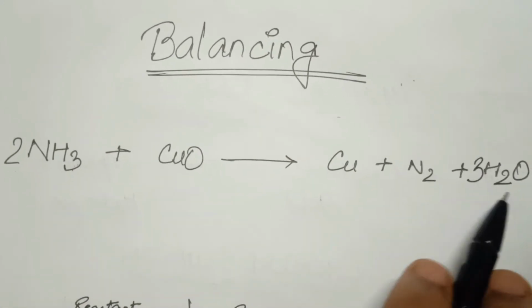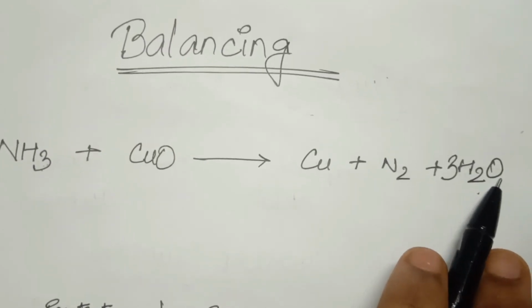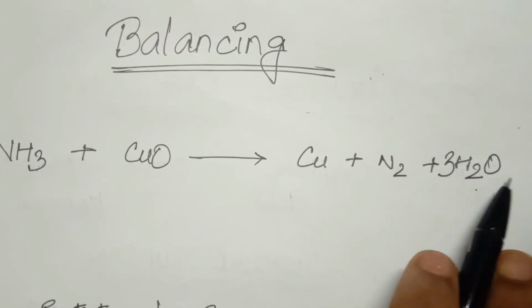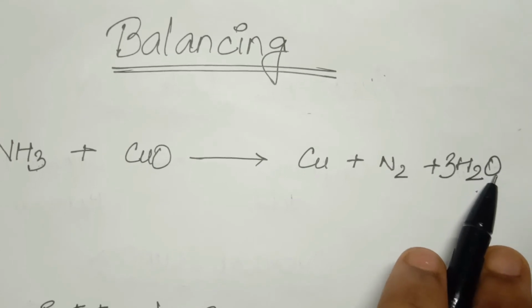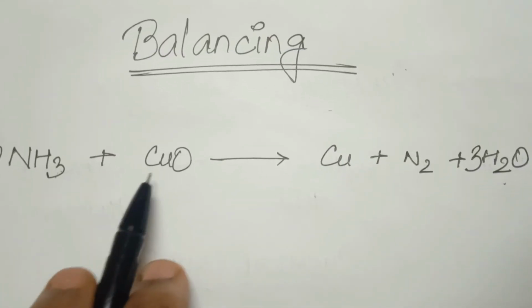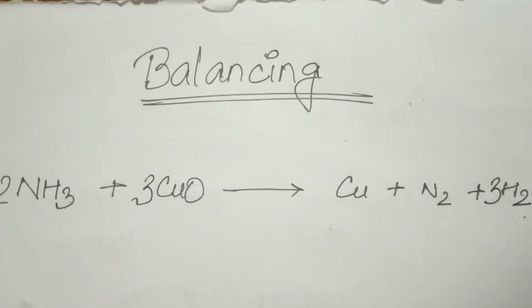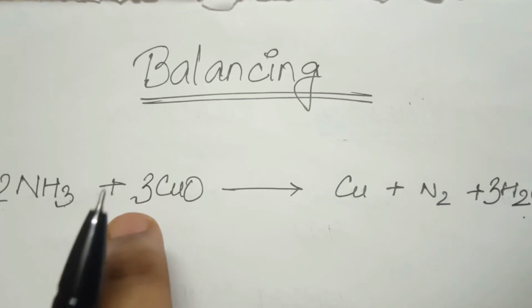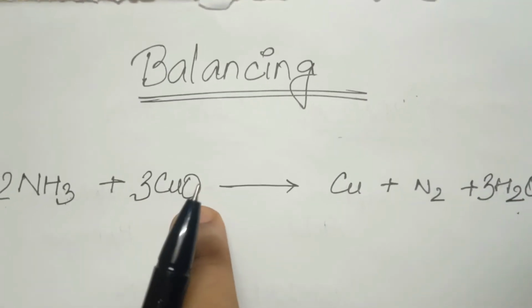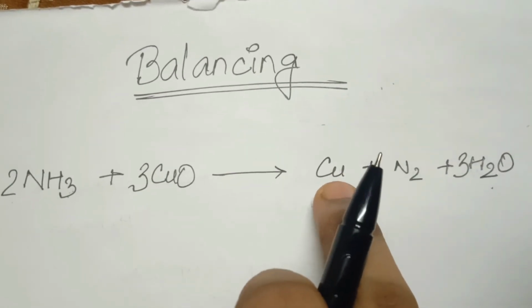Hydrogen and nitrogen are balanced now. Here oxygen is only 1, but here it is 3, that means 1 into 3, so oxygen is now 3. Now you have to increase the number of oxygen on the reactant side also. Now writing 3 in this, that means Cu is also now 3, oxygen also now 3, but on this product side it is only 1.